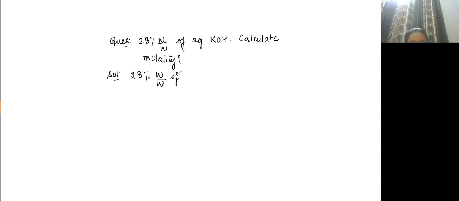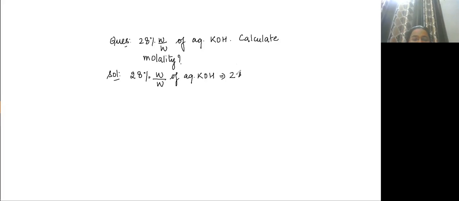Good, Srinidhi. Correct answer. What about others? One student has done it correctly. Good, Shobhit. 28% weight by weight of KOH. What do you mean by this statement? Good, Ayan. No Faisal, no Praful.